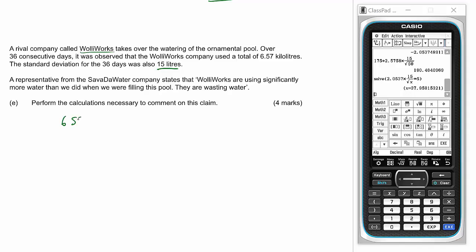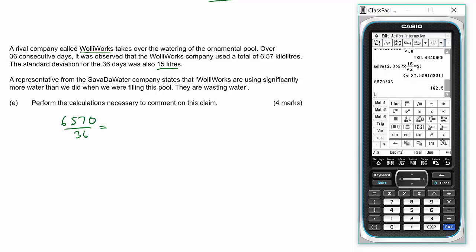So 6570 divided by 36 is 182.5. That's their mean.